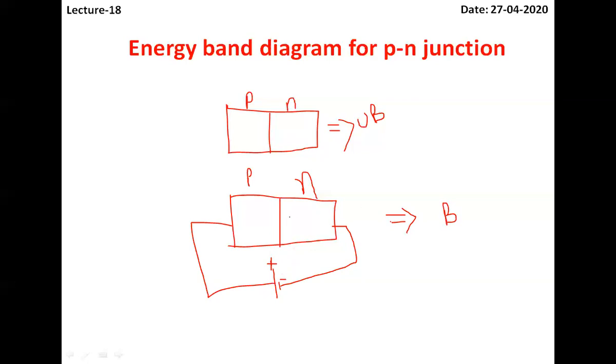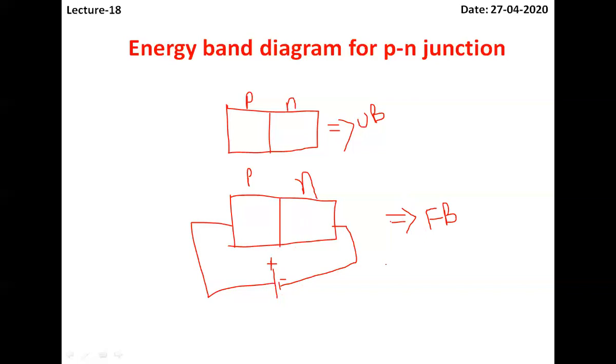If you observe this particular situation, where the p-type material is connected to the positive terminal and the n-type material is connected to the negative terminal of the battery, this is known as forward bias, FB.